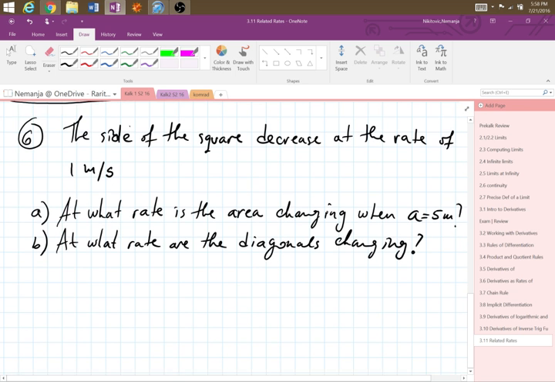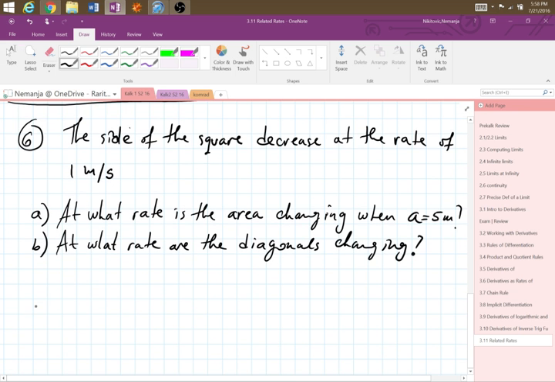So we start with drawing the square. We can draw diagonals right away because we know what they are. So here's our square. What are we going to do with this?